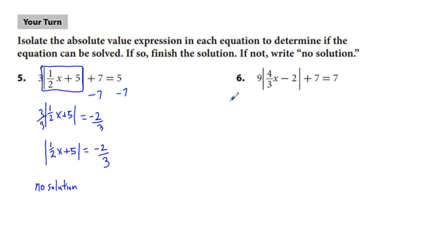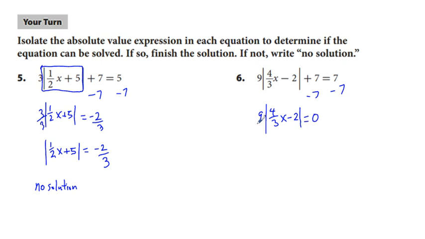For number 6, I invite you to pause the video, work out the problem, and play ahead and see if you got it right. Okay, from this one on the right, we subtract 7 from both sides of the equation. We get 9 times absolute value of 4/3 x minus 2 is equal to 0.